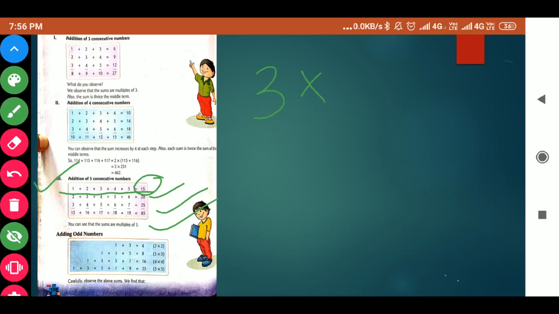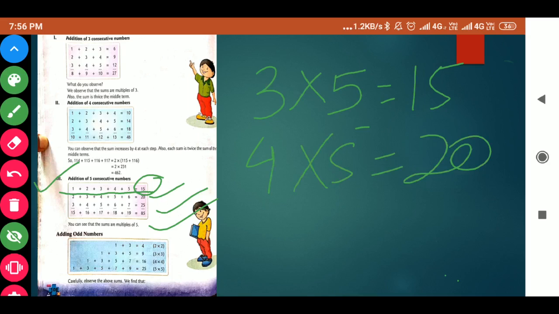Multiply it by 5 and you will get the answer 15, which was your sum. In the second pattern, you can see the middle term is 4. Multiply it by 5, the answer you will get is 20.